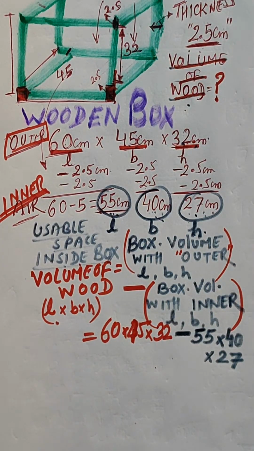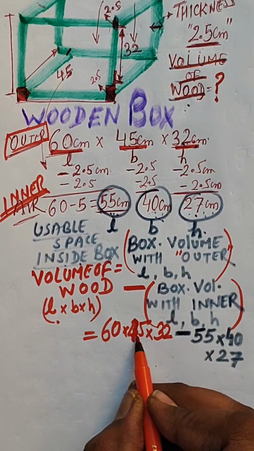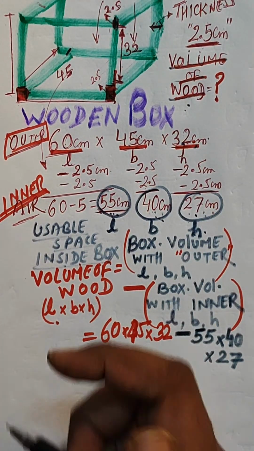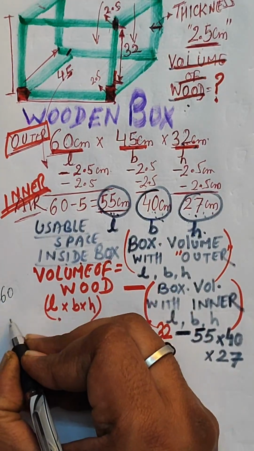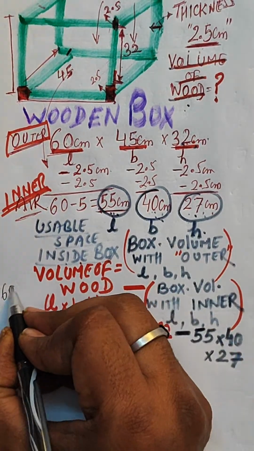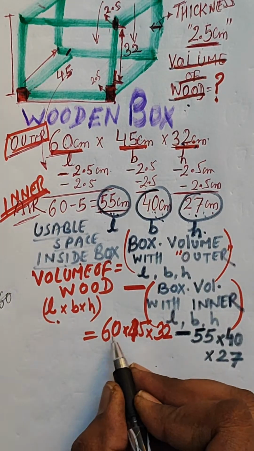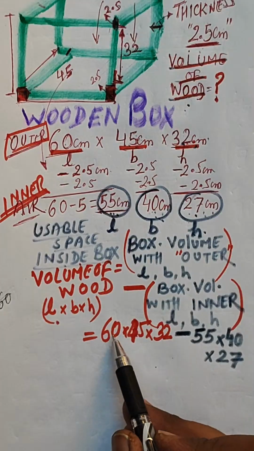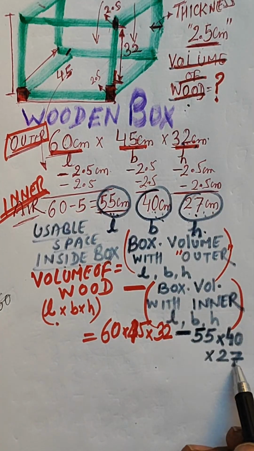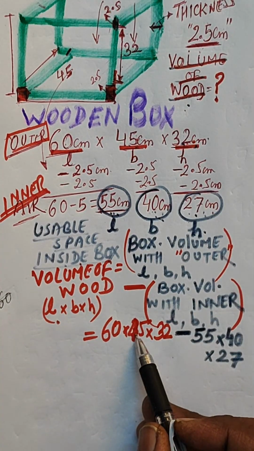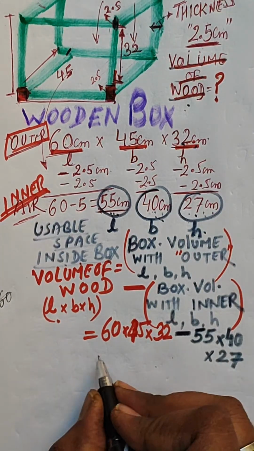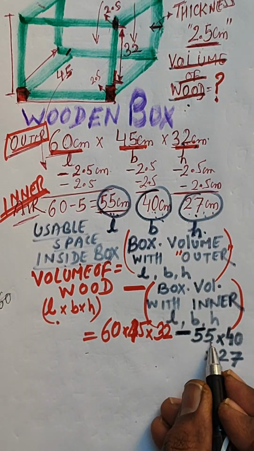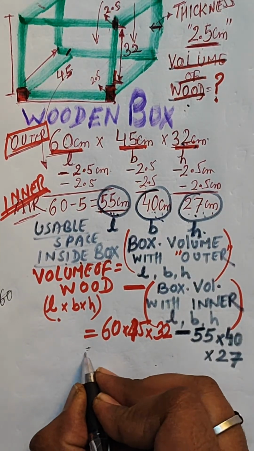Okay. If I am going to calculate 60 into 45 into 32, let me do it. 45 into 32 first, because we can use 0 for this, and that's why we'll do the multiplication of 60 last. But if you take some common, 27, 45, 60, 20, we can see 20 can be taken as common, even 9 can be taken as common.